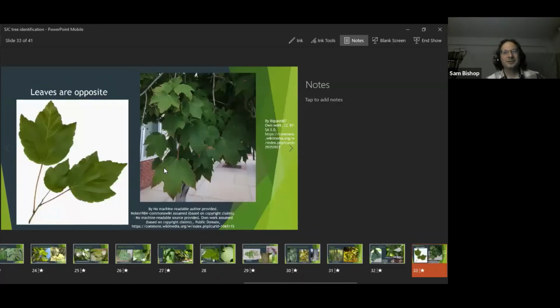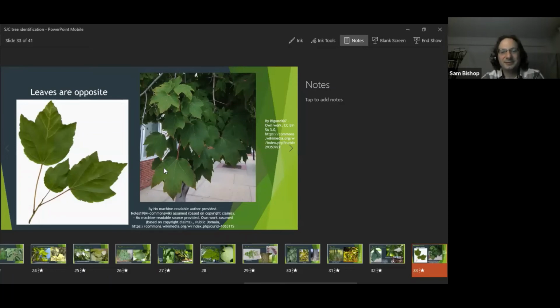All right, here's one of your SJC trees that I put in special. So even though the picture on the left is very deceptive because I think they took some leaves off to make it all fit better in the picture, this is opposite. So simple or compound? Simple.